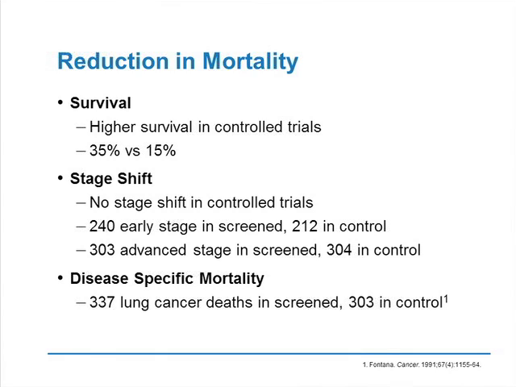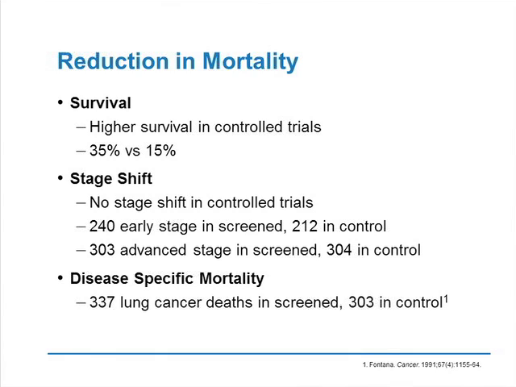However, despite finding those early-stage cancers and treating them, there were an equal number of advanced stage cancers detected. In other words, there was no stage shift. A stage shift suggests you're finding early cancers and you're curing them so they don't go on to be advanced cancers. Because there was no stage shift, there was no reduction in disease-specific mortality either.